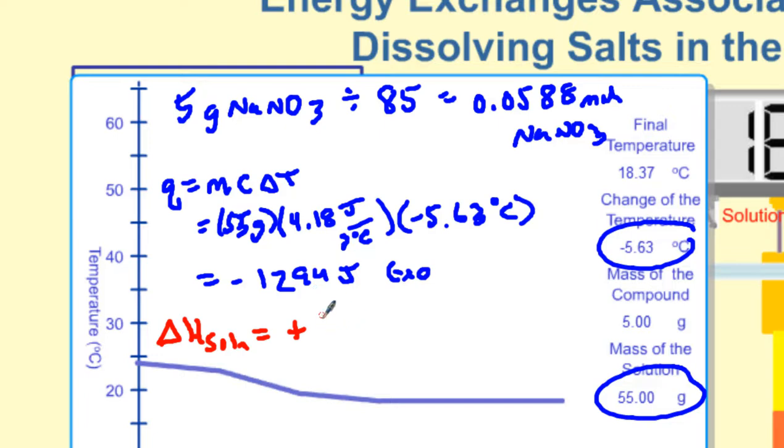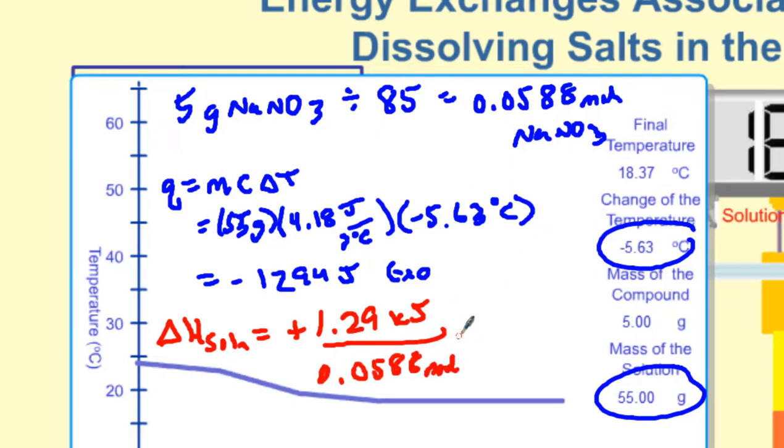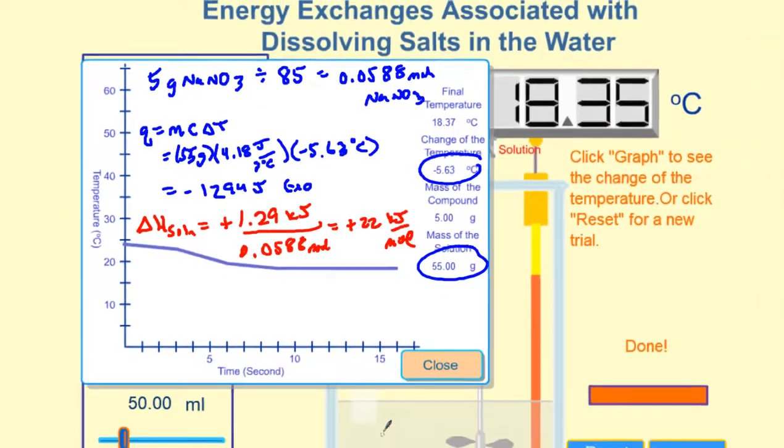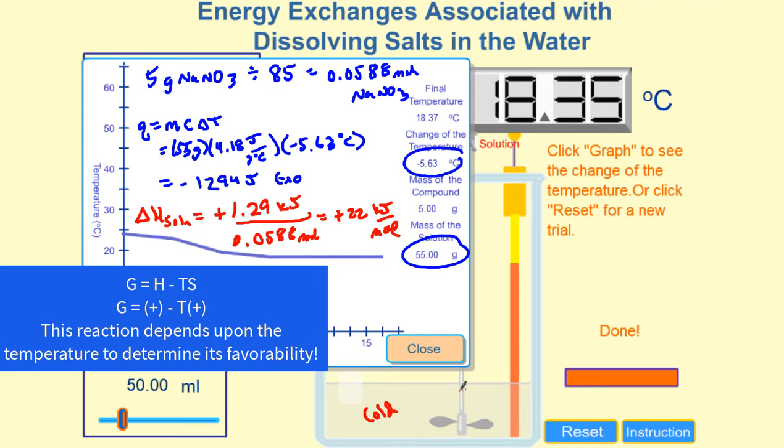It must have been absorbing 1.29 kilojoules for every 0.0588 moles, which means we can think about that as positive 22 kilojoules per mole. So when the water got cold, that was because we had an endothermic solution. And that is what we call the enthalpy of the solution, isn't it?